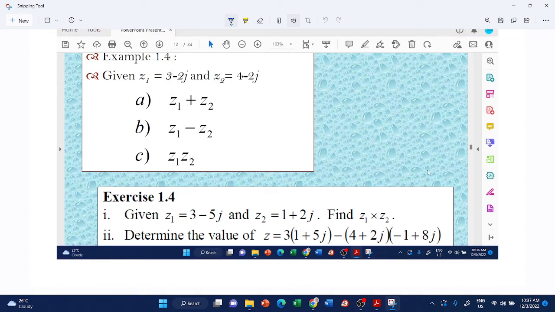So here A kan, Z1. So Z1 is here. So first one madam ada 3 real. Kita nak tambah kan? Z1 plus Z2, so we plus here. So we have 3 plus 4. Okay, so another part yang madam tak bulatkan is for imaginary.